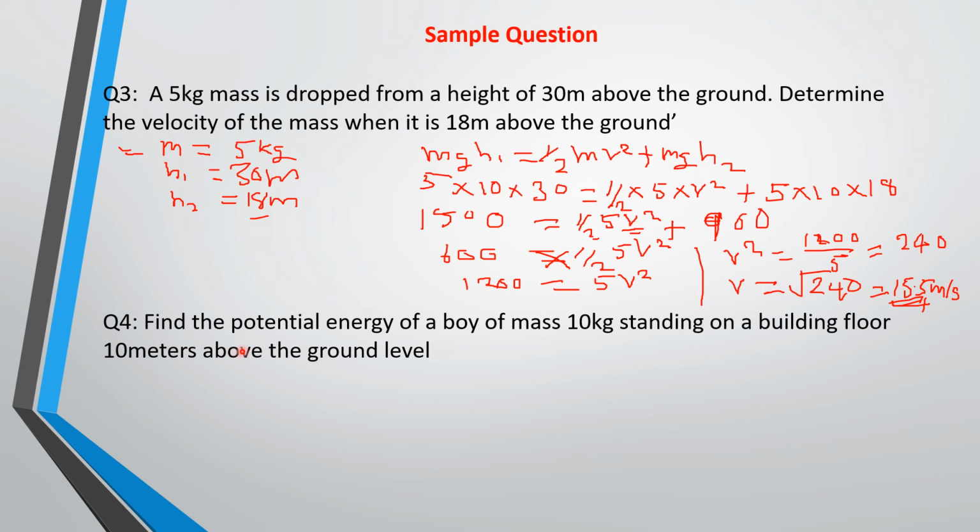Okay, the second one is find the potential energy of a body of mass 10 kg standing on a building floor 10 meters above the ground. This one is simple. Here you are given the mass, you are given the height. You know that g is equals to 10. So it's just for you to apply the equation to solve this problem, right? So potential energy PE is equals to mgh.